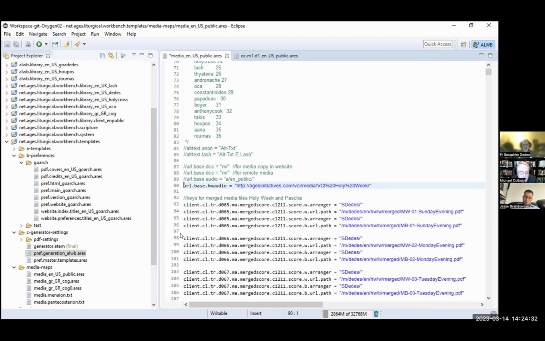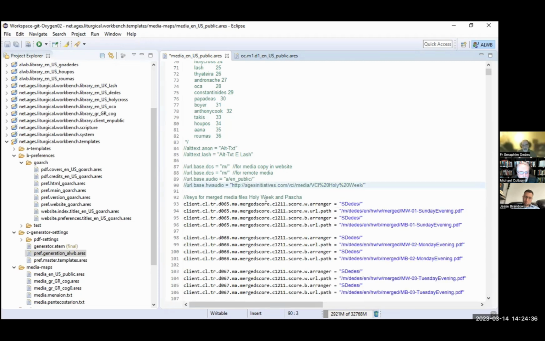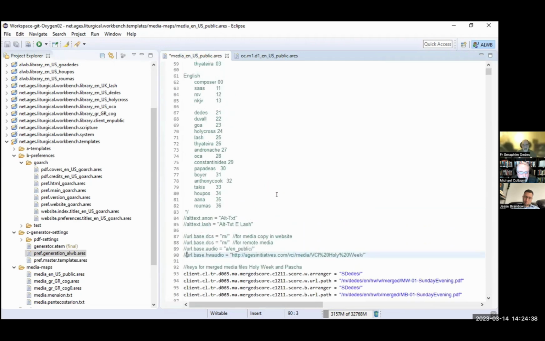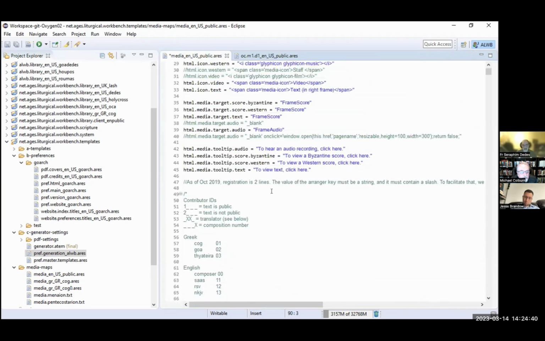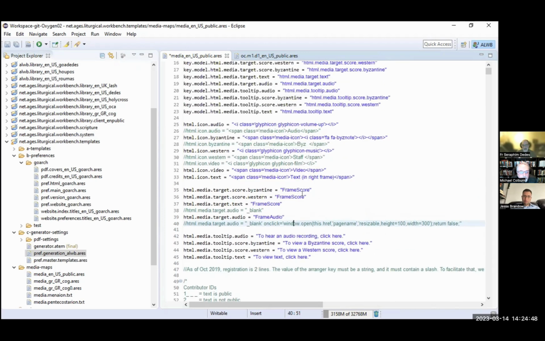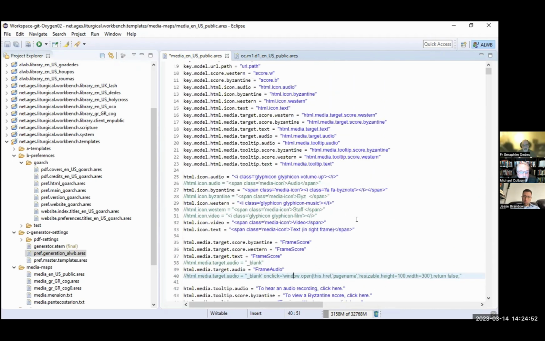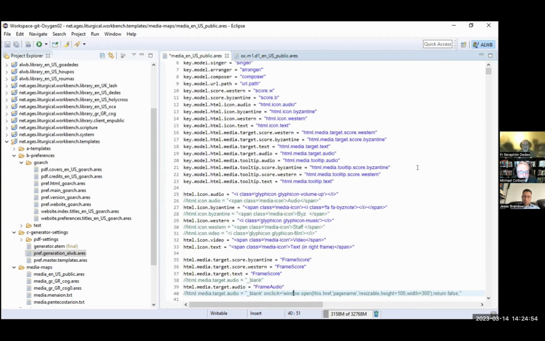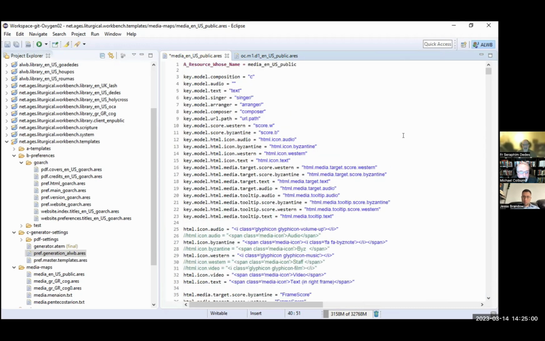URL base was one of those 5 lines. And yeah, I don't know where that is now. URL path, I don't see it.